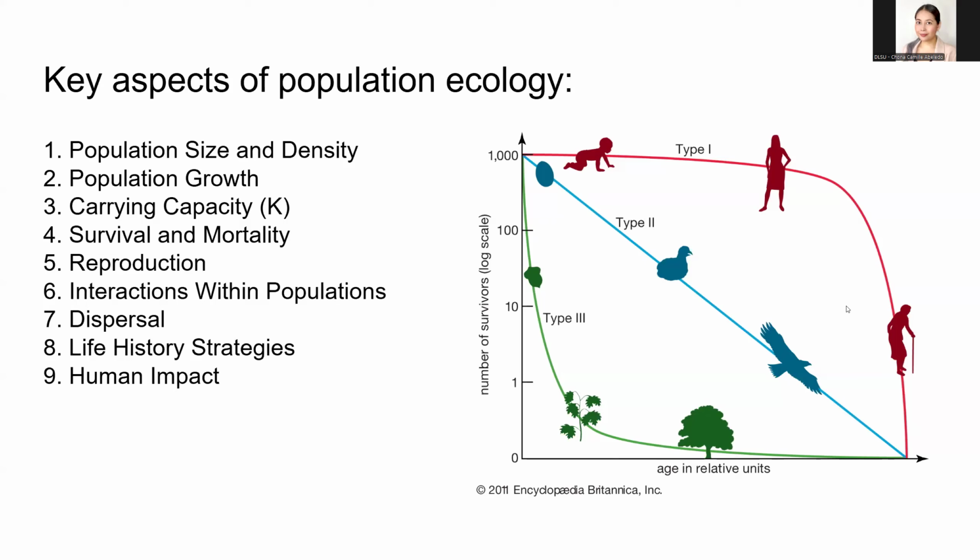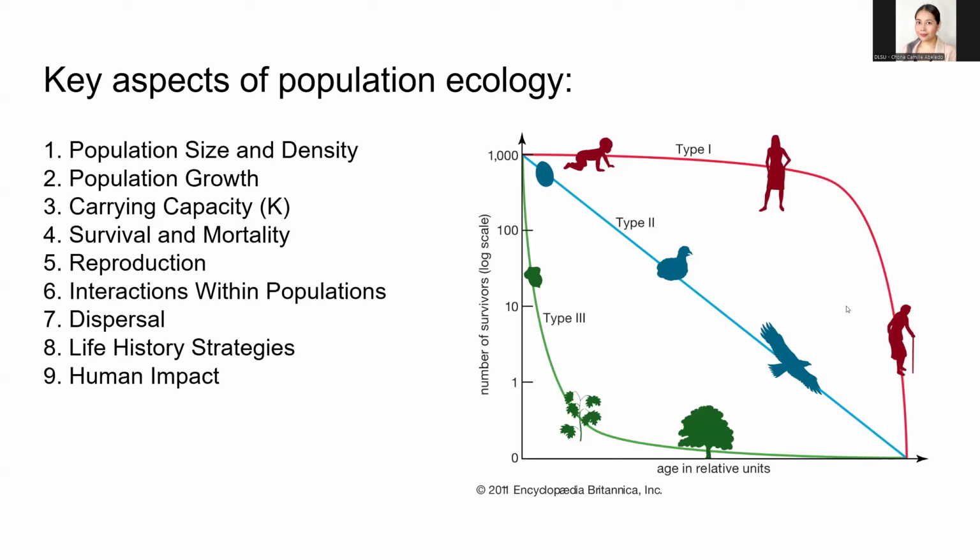Now, for item 9, it's a good reminder that we are living in the Anthropocene, which is an epoch in the history of planet Earth, wherein humans are creating a huge impact on the ecosystems all over the world.